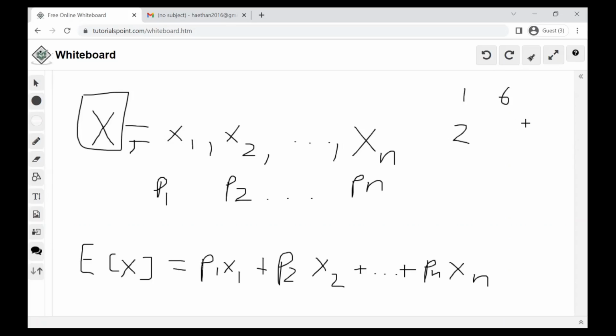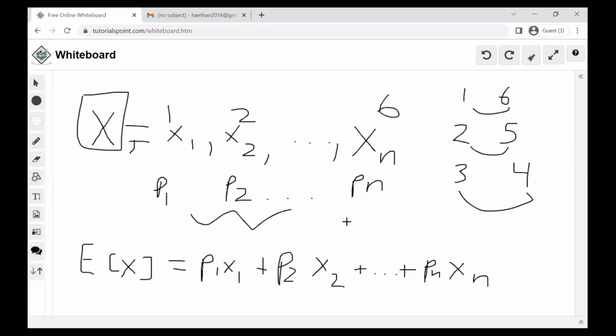Probability of rolling a 2 is the same as probability of rolling a 5, and the probability of rolling a 3 is the same as the probability of rolling a 4, right? So on average, your roll will be 3.5. And that's what we get when we do the expected value calculation, where the values are 1 through 6, and the probabilities are all 1/6.